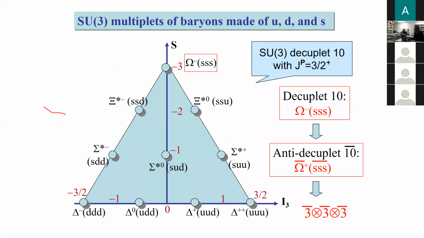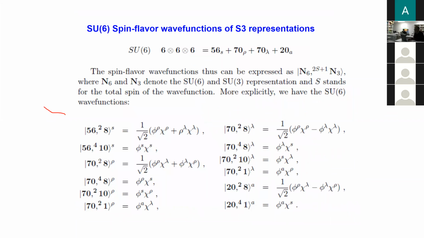I skip this because I have mentioned it. So the total wave function for the SU(6), which is the SU(3) coupled to the SU(2), as I mentioned, you have the 56 multiplet, or 70 multiplet, or 20 multiplet, which is antisymmetric. And then we can use the spin-flavor wave function we just constructed to construct the symmetry.